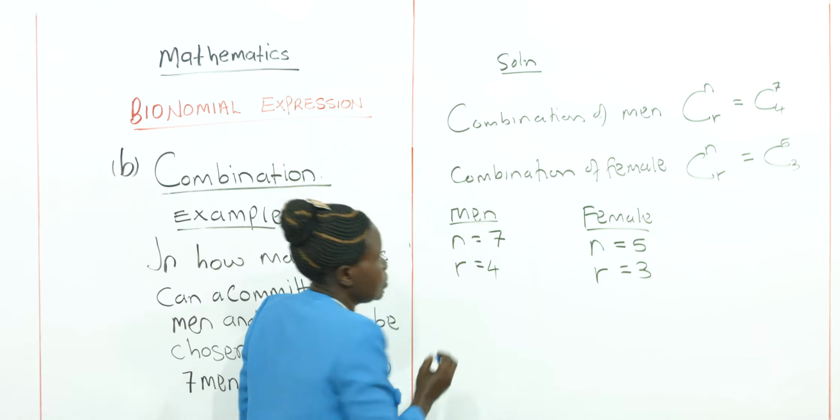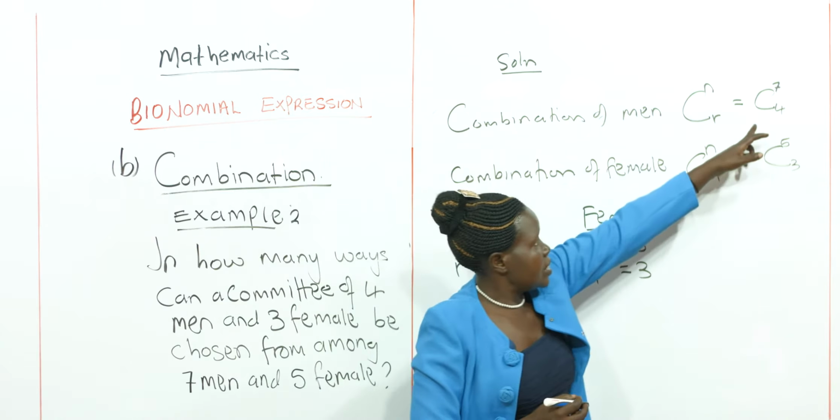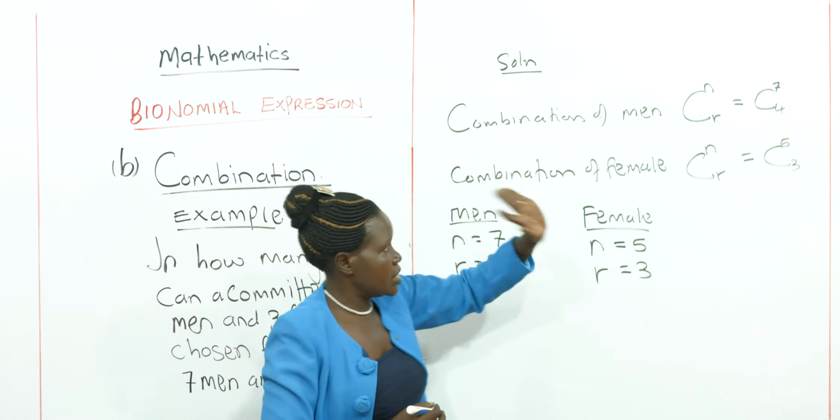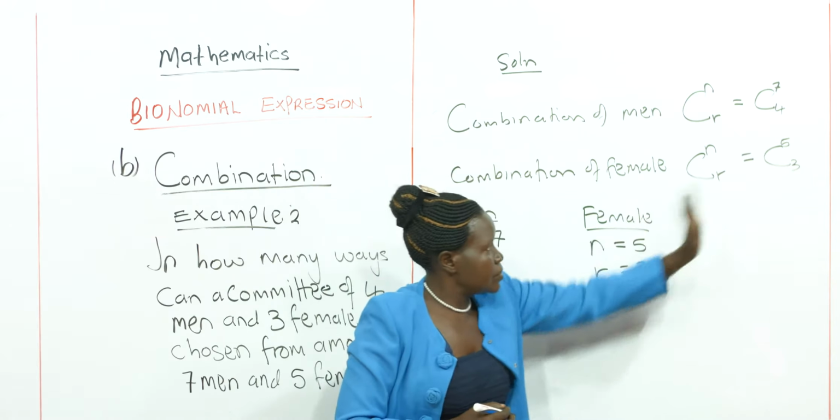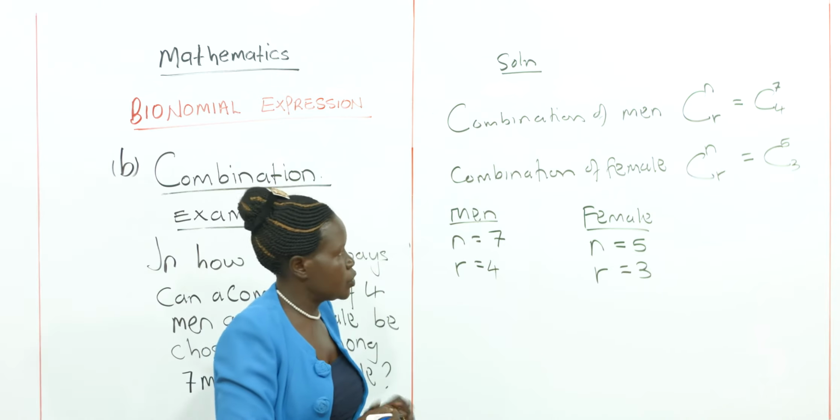Up to that level, my dear learners, to make things simple, you get the combination of men first and get the answer, then you work out the combination of women, and then you put them together.